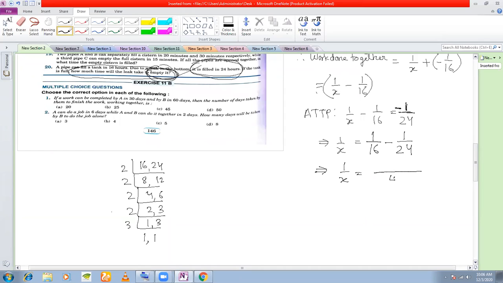So 48 by 16 is 3, 3 into 1 is 3. 48 by 24 is 2, 2 into 1 is 2. This is 1 by 48. So 1 by x is equal to 1 by 48. That means x must be equal to 48 hours. Okay, so that is what your solution is.